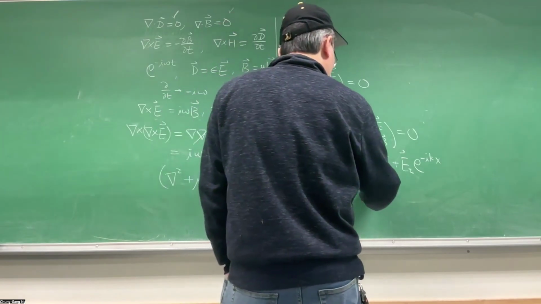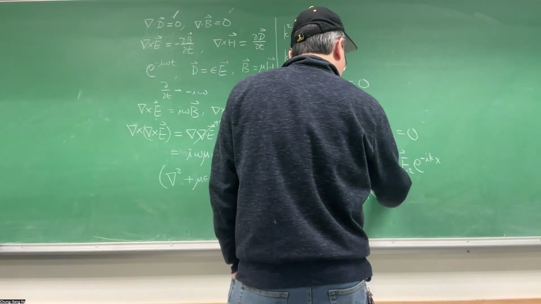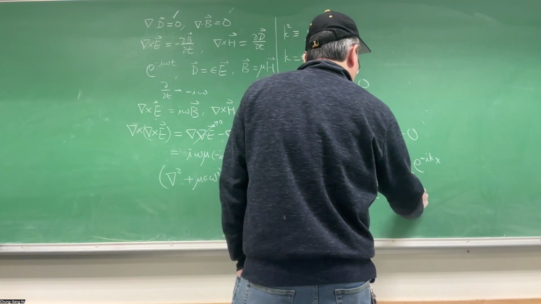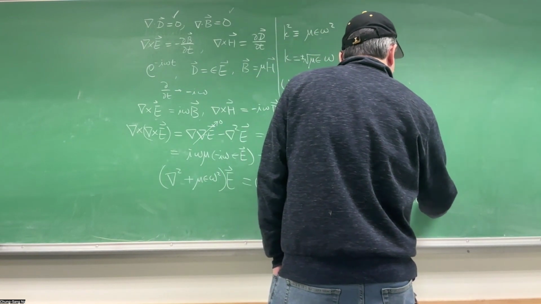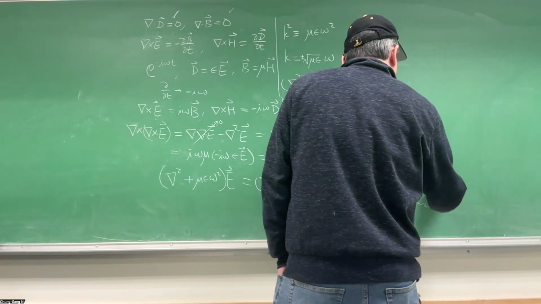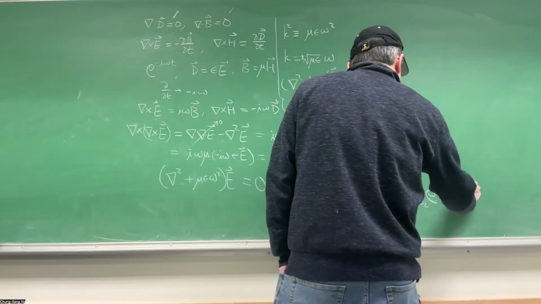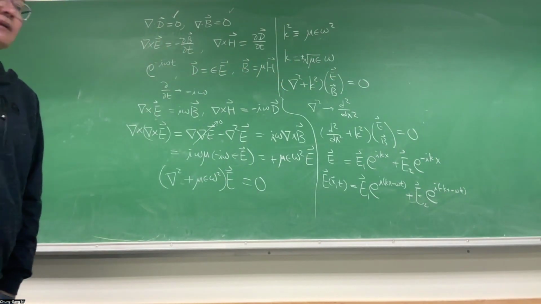It's like E sub 1 e to the i (kx minus omega t), plus E sub 2 e to the i (minus kx minus omega t). Okay, so there are two possibilities.